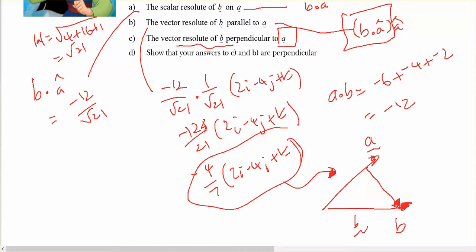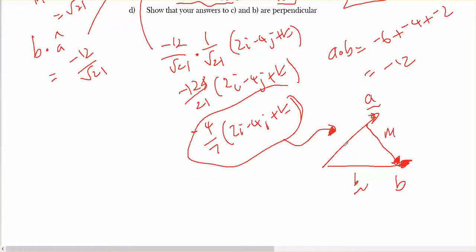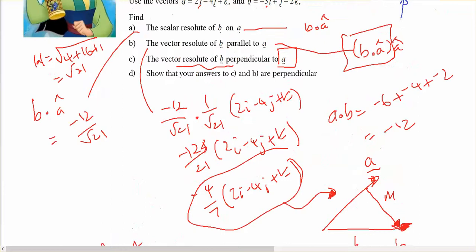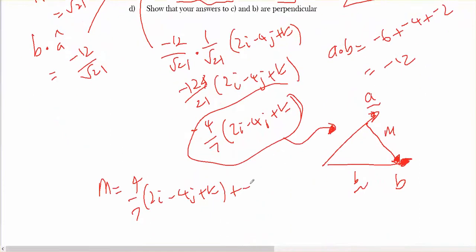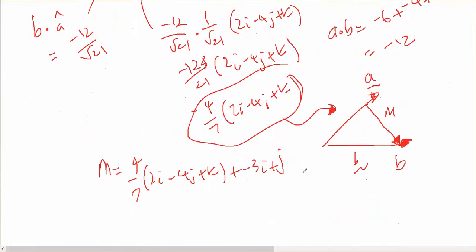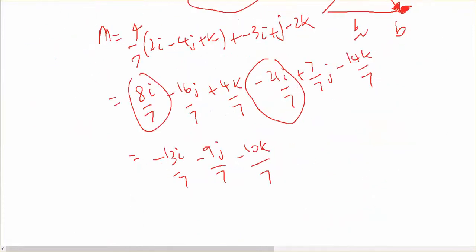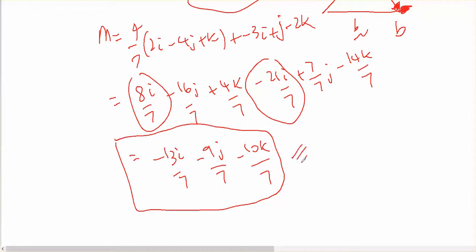So let's call this M. M is going to equal negative of this, so 4 on 7, 2i minus 4j plus k plus B, which is minus 3i plus j minus 2k. And when these are put together and combined, this is the vector which is perpendicular.